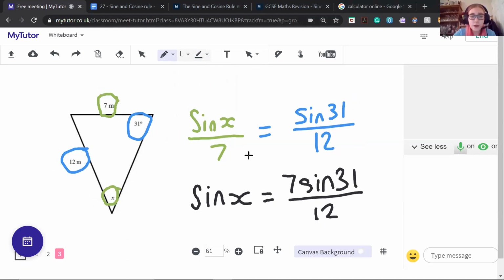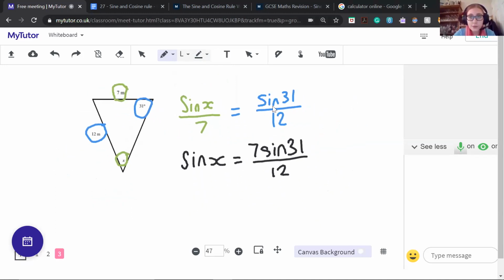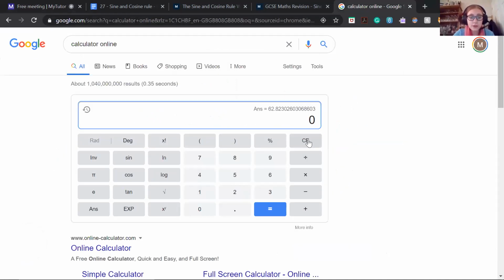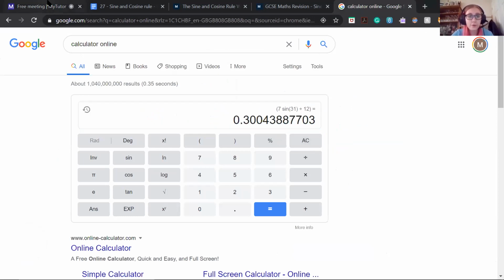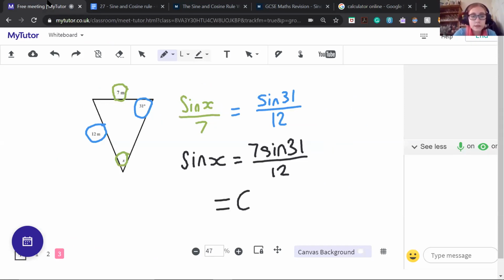So let's first of all work out what that is. So 7 sine 31 divided by 12. So 7 sine 31 divided by 12. 0.3004. And then remember, if sine x is equal to this, to get x, we inverse sine it.